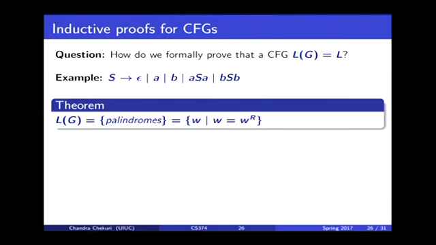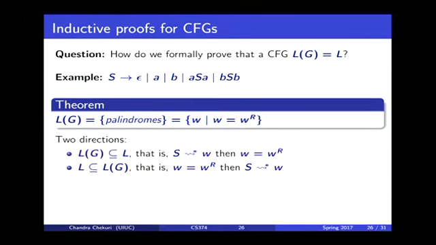Whenever you have two languages, you need to prove both directions. The language generated by the grammar, L of G, is a subset of L, and L is a subset of L of G. Then they're equal. There is no shortcut, other than in very simple cases. This is not just because we ask you to prove.